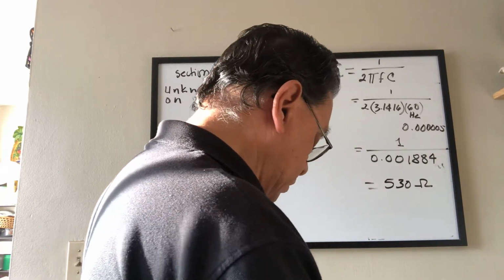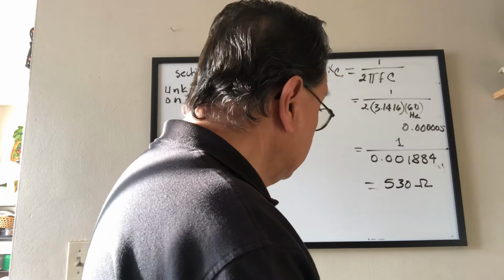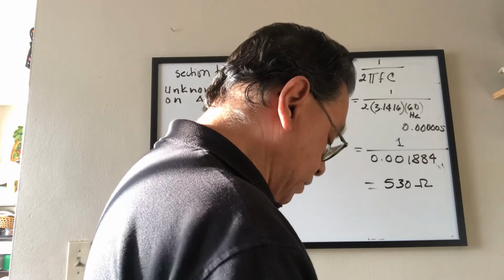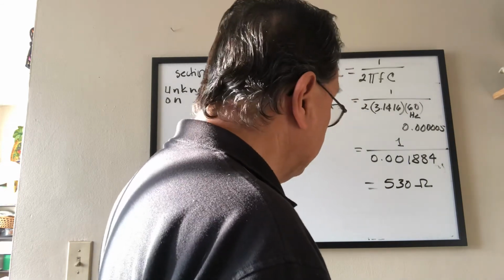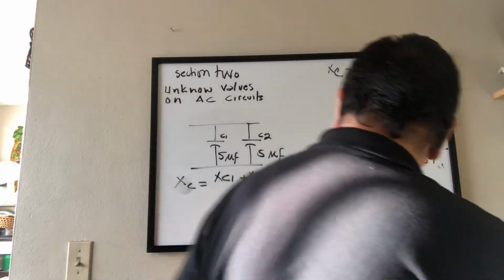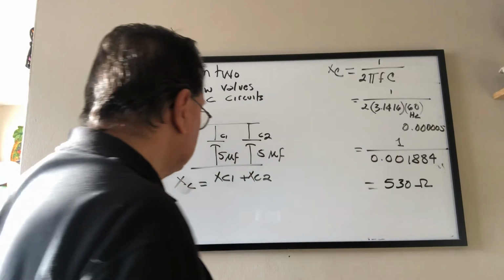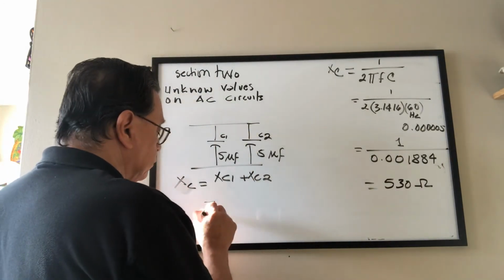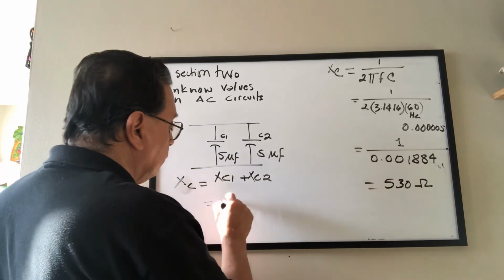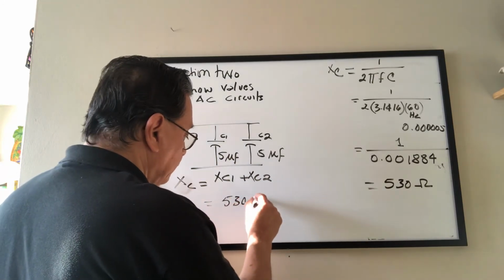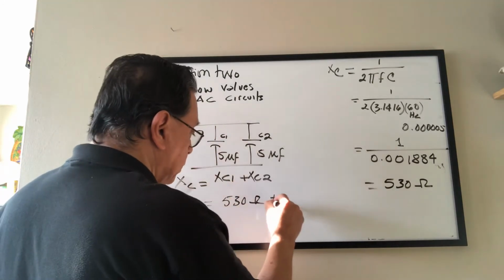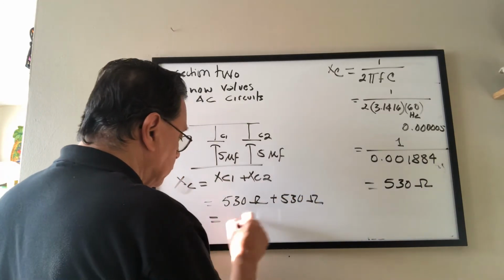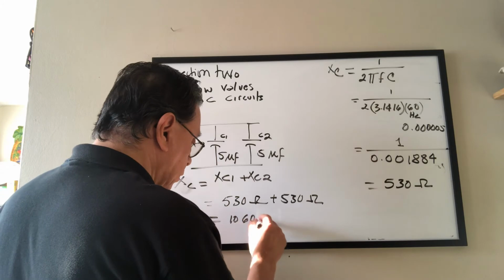Okay, 1 divided by 0.001884 is equal to 530 ohms. So each of these presents 530 ohms. So the total resistance presented by these two capacitors in parallel is equal to 530 ohms from the first one plus 530 ohms from the second one, which is equal to 1,060 ohms.